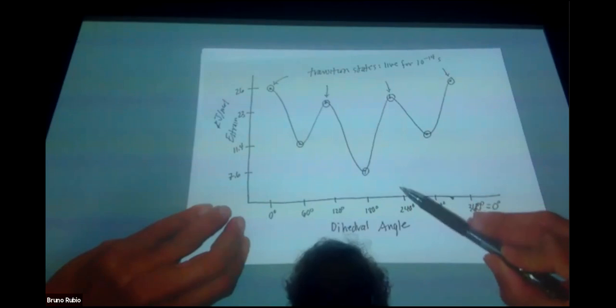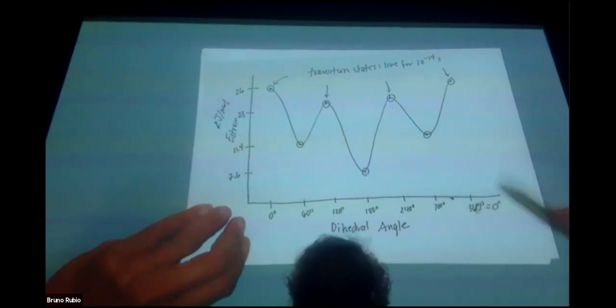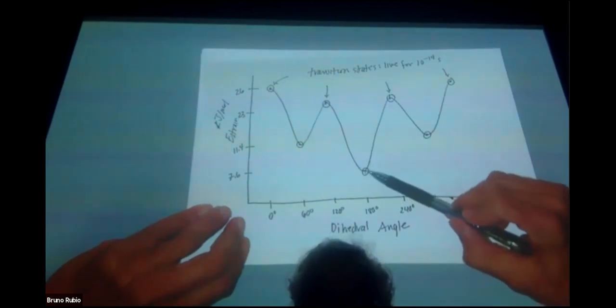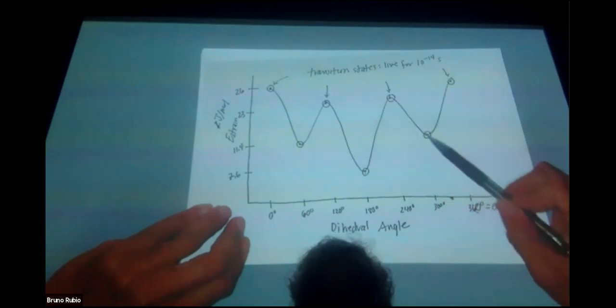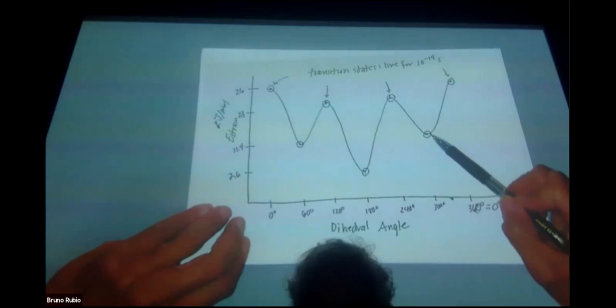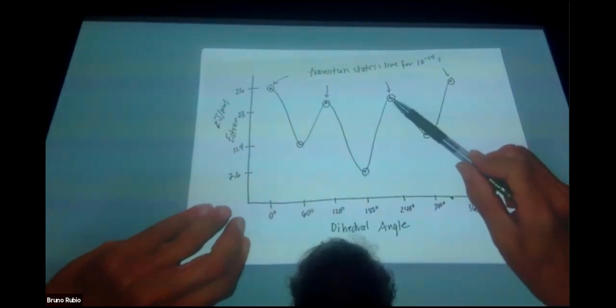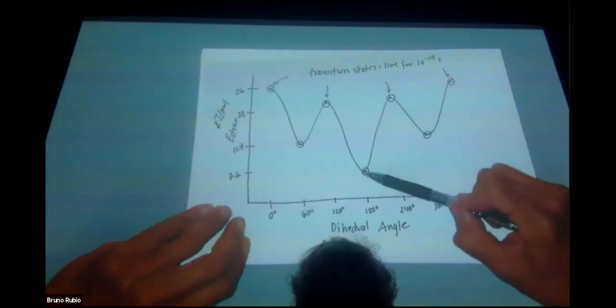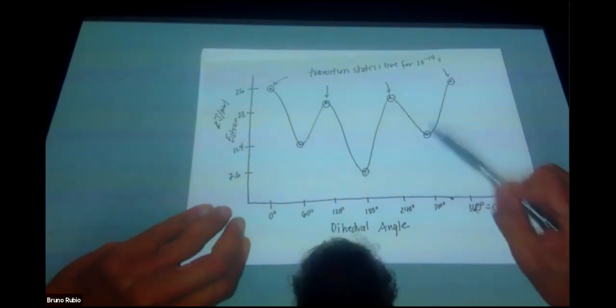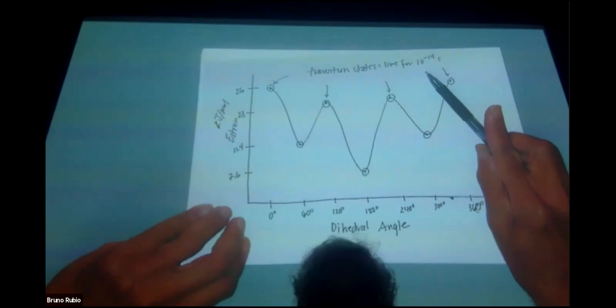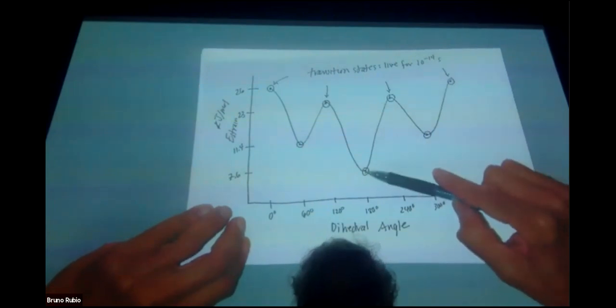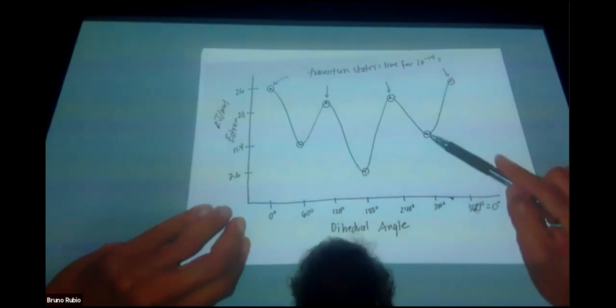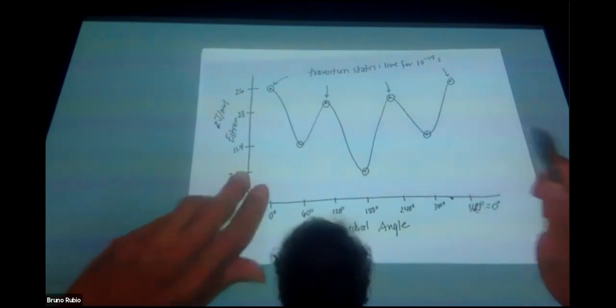What is the rate constant for going from one valley to the next valley over this hill? I know how long it takes the transition state to collapse to the 180 or to the 300. That's 10 to the minus 14 seconds. What about going from this valley to that valley? It has to overcome this barrier. So that's what I'm going to calculate.